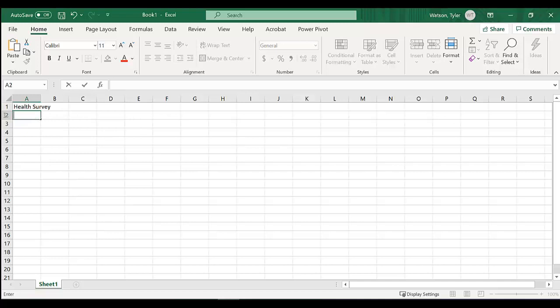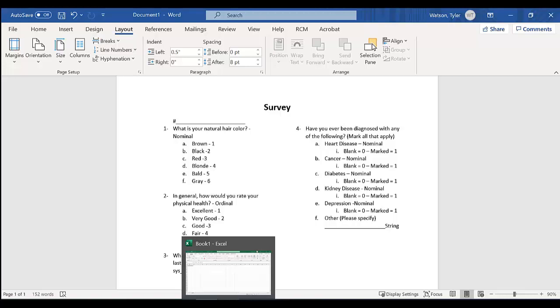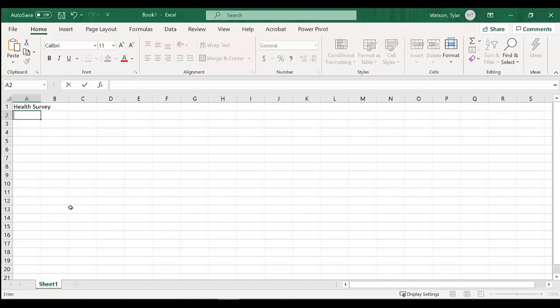We're going to now label across the top, on the row headers, the question we have here. And we're going to make that an abbreviated question number because it's going to be just easier to deal with at this stage. So we're going to have the ID number as the first row.